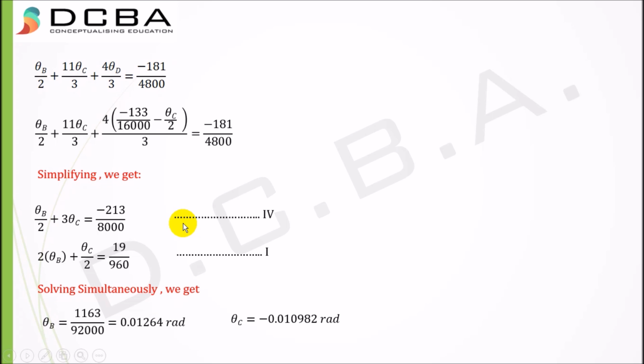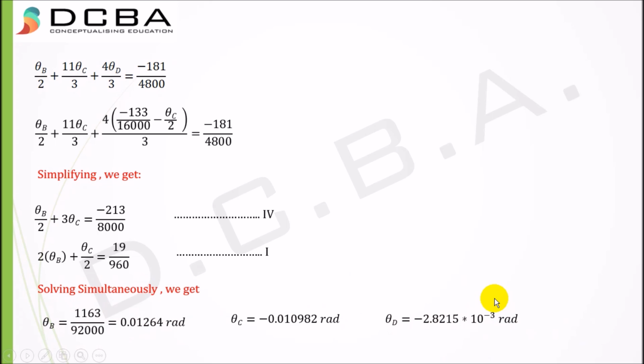Once we have found theta c, we can easily find theta d, because theta d is solely dependent on theta c. Substituting theta c, I get theta d equal to minus 2.8215 into 10 raised to minus 3 radians.